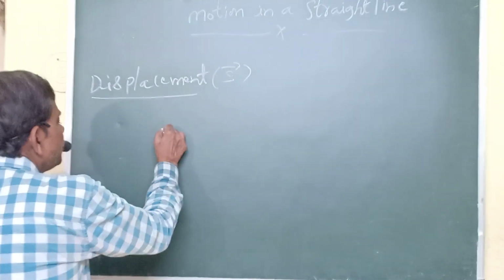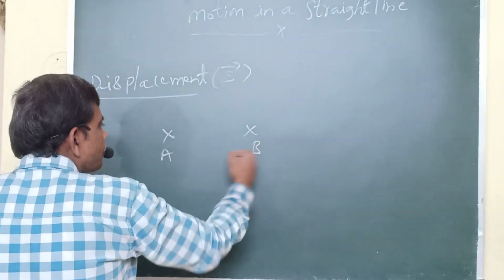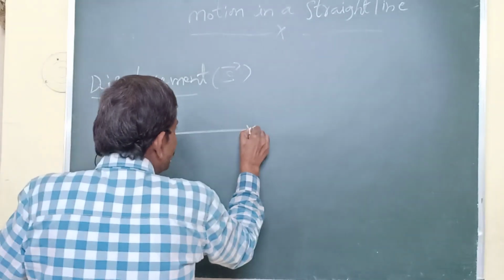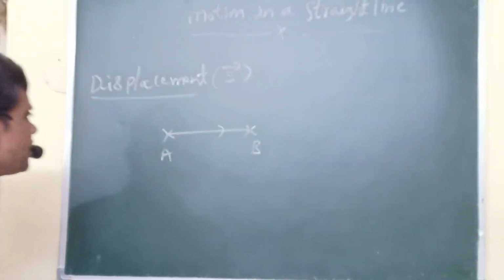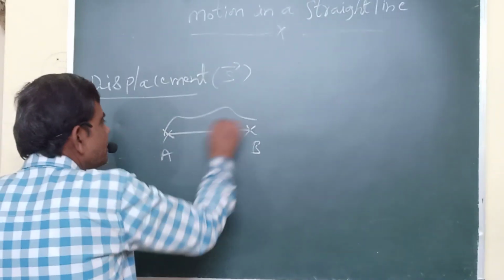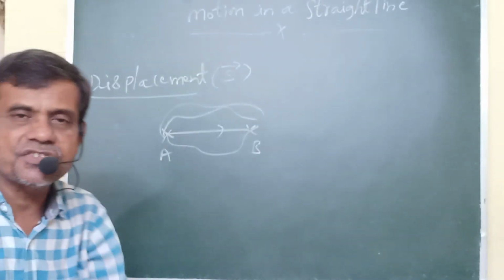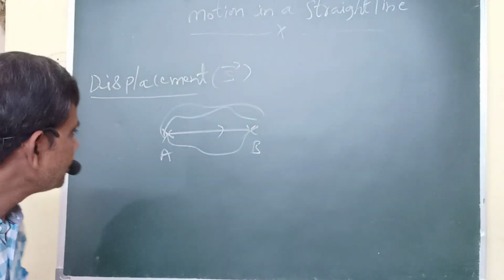For example, one bus is traveling from A to B, along a straight line, the shortest length of the path. Previously I had told about these paths. Among all of these paths, AB is the shortest path, a straight line.